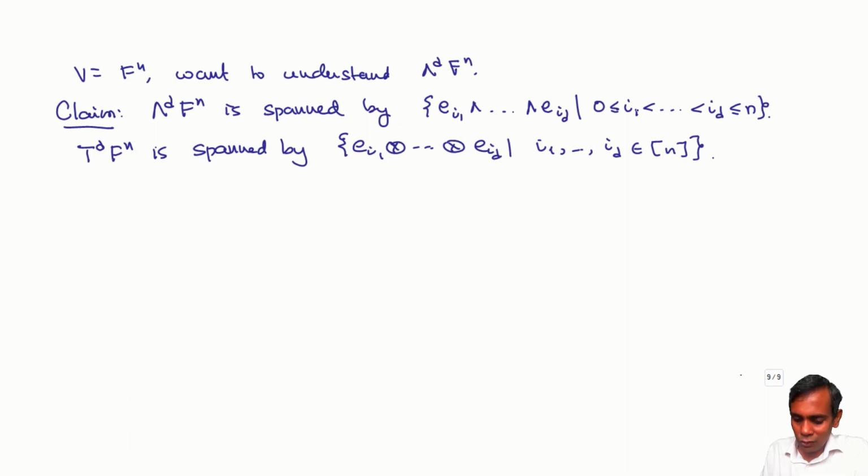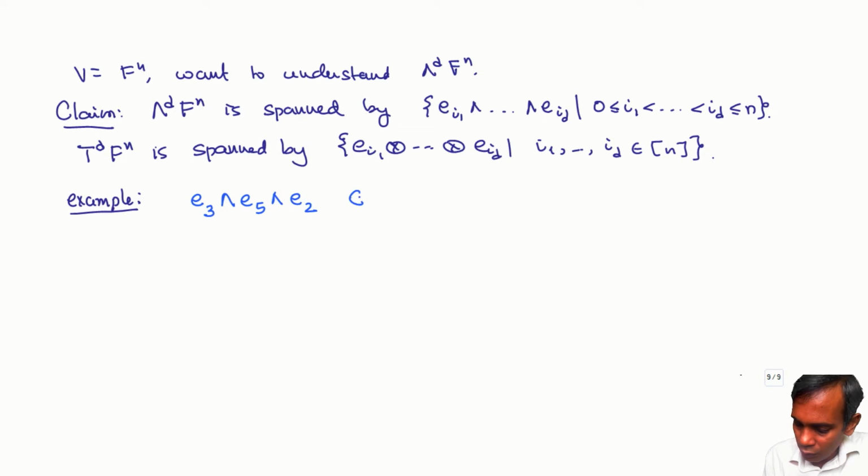So the basic idea is the following. Let's look at an example of such a reduction. Suppose you have e3 wedge e5 wedge e2, which belongs to wedge 3 F^7. But let's not do that; let's write it as a tensor product. e3 tensor e5 tensor e2 belongs to T^3 F^7. Fine.